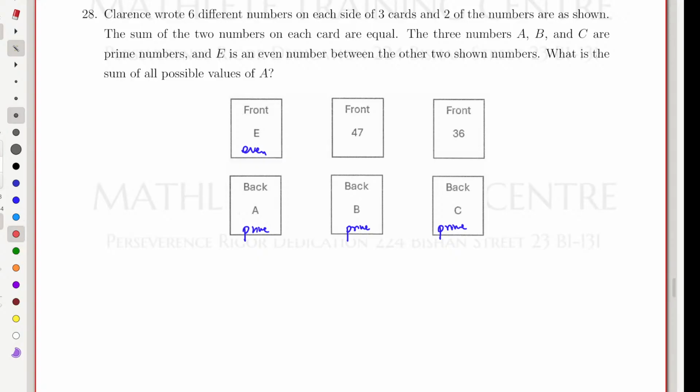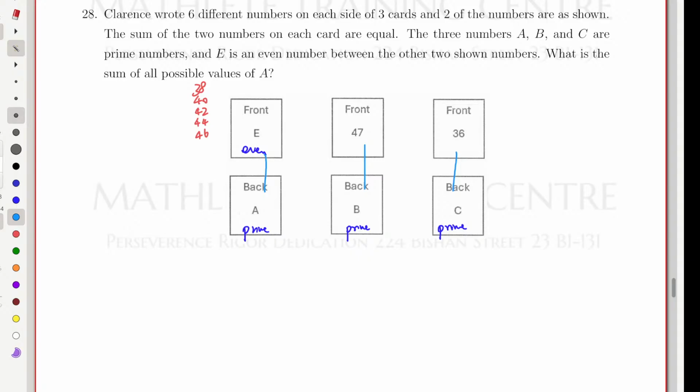We know a little bit about the number E. E is going to be 38, 40, 42, 44, or 46. Right. So one of the questions we can ask ourselves is, is it possible that this sum equals this sum equals this sum?